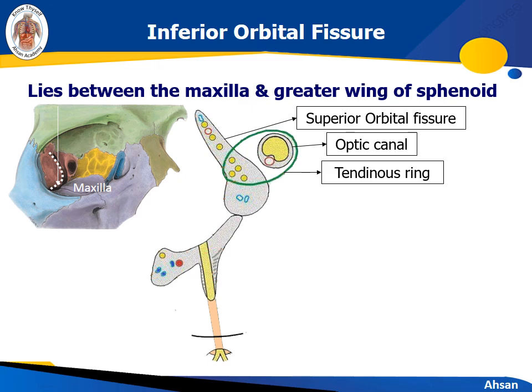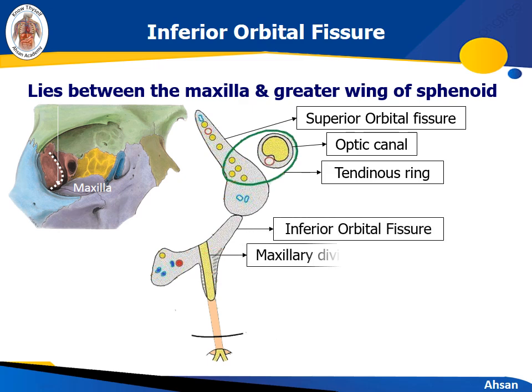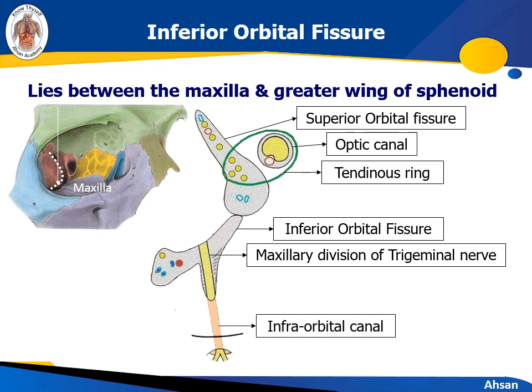So let us see which large nerve passes through it: the maxillary division of the trigeminal nerve. This enters into the orbit through the inferior orbital fissure and enters into a canal in the floor. This is the infraorbital canal present in the floor of the orbit, and in the face there is an opening of the infraorbital canal, and through that the nerve comes out in the form of the infraorbital nerve.